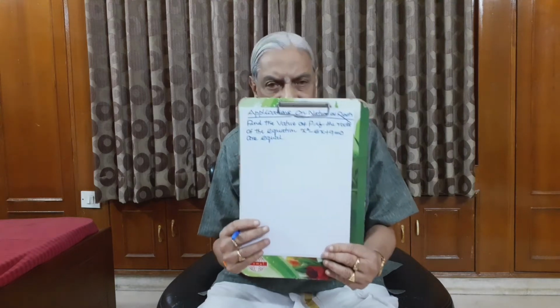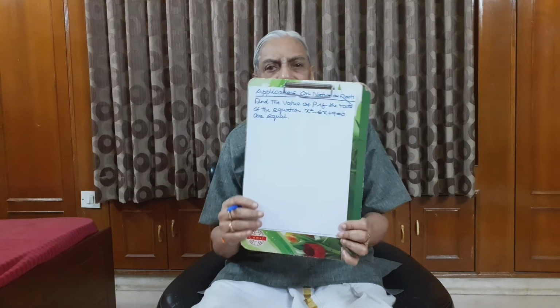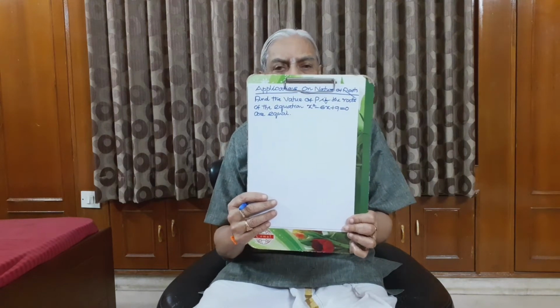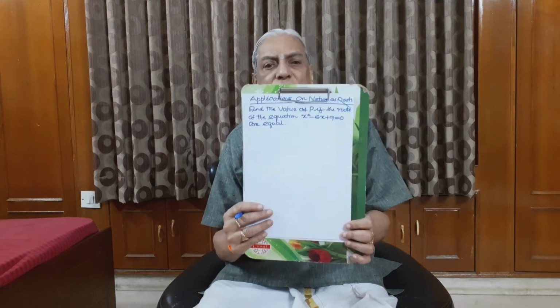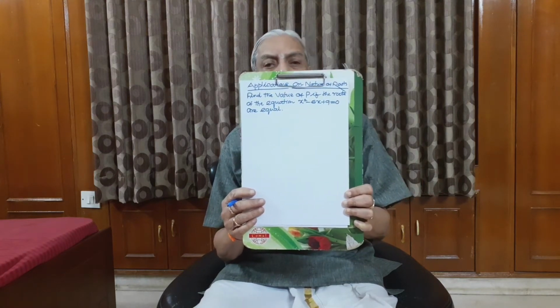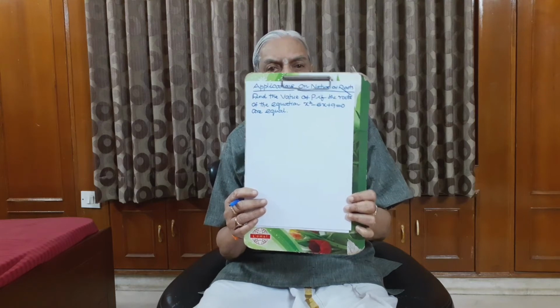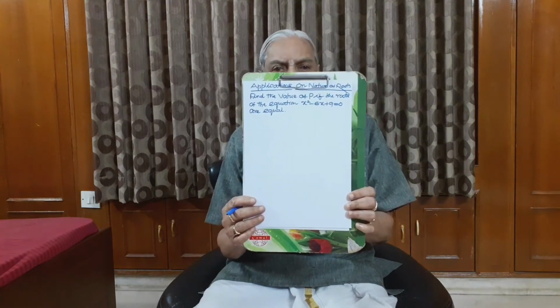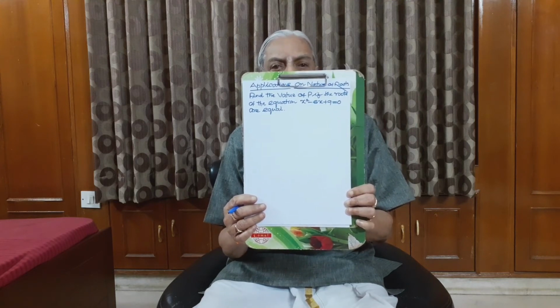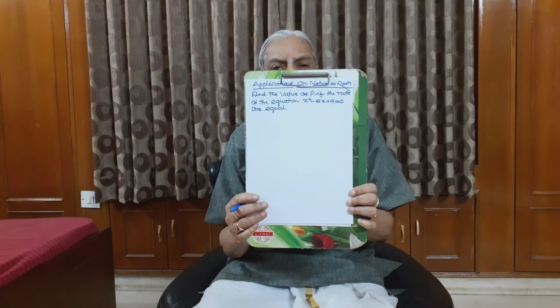The first application, please write down neatly. Find the value of p if the roots of the equation x squared minus 6x plus 9 equals 0 are equal.